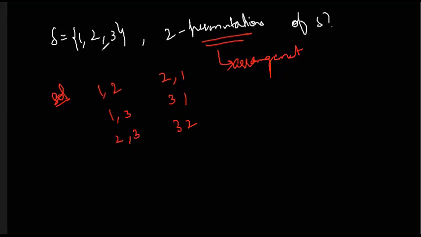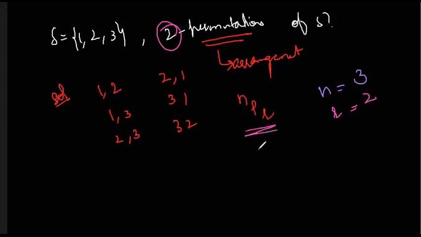Now, if we apply the same to the formula, our nPr is the formula. What will be the n value? The n value is the number of elements in the set, total elements, which is 3. What is the R value? R is the number of elements we are selecting. We were supposed to select 2 permutations, so R is 2. Applying the formula, this will be 3P2.